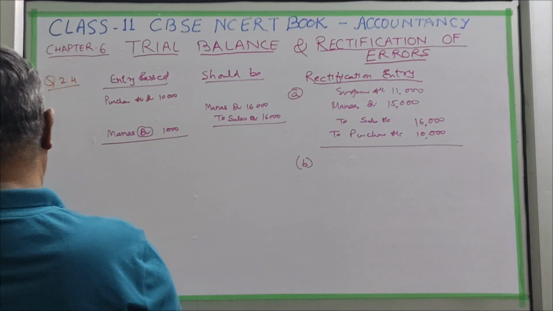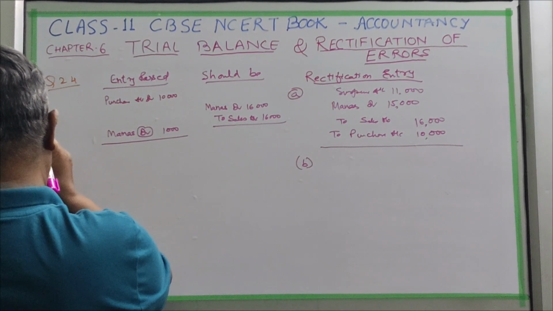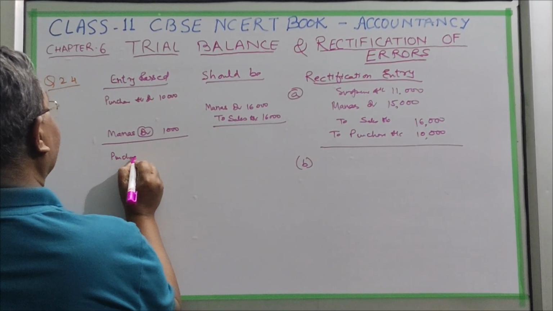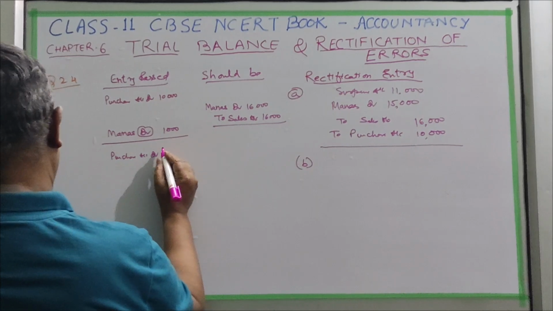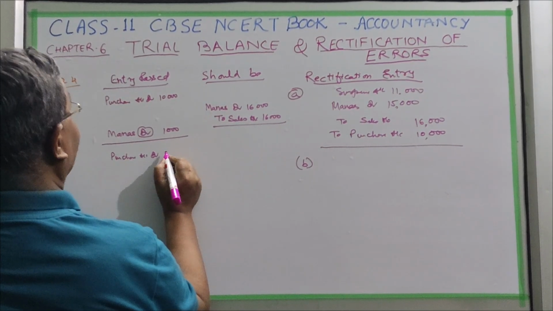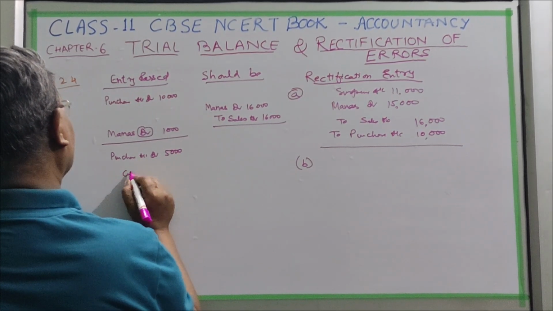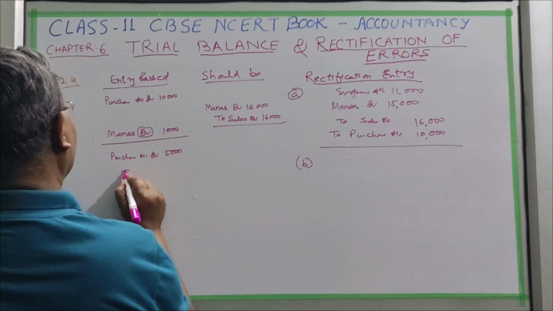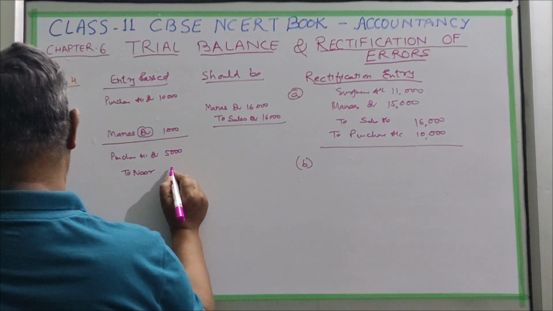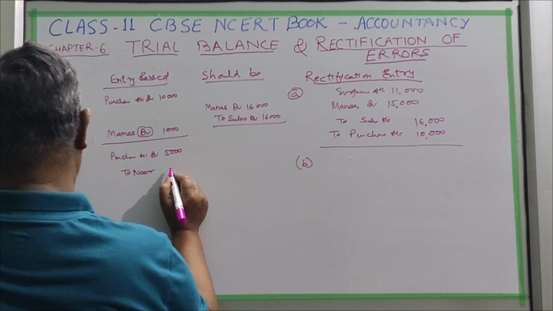Now next part. Furniture purchased from Noor was recorded through purchase book. So you have purchase account debit, you have done the purchase account debit 5,000. So credit to Noor you have made, to Noor automatically 5,000, but your records of purchase 5,000 posted to debit.